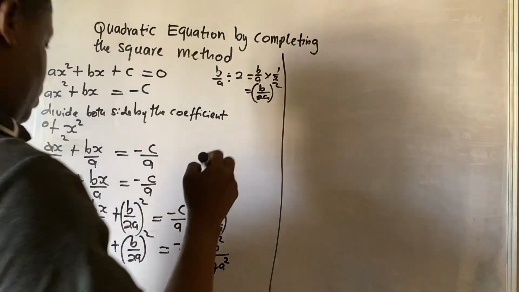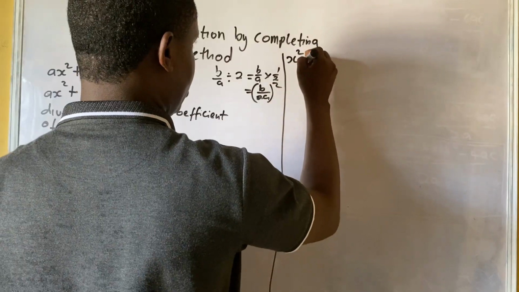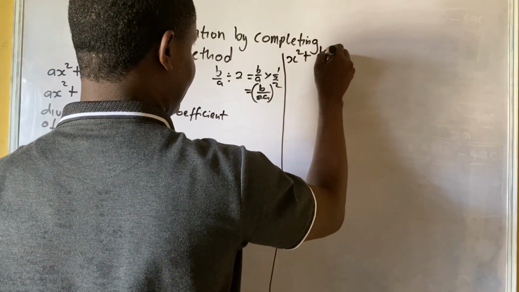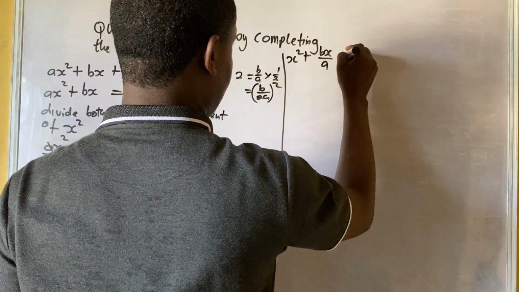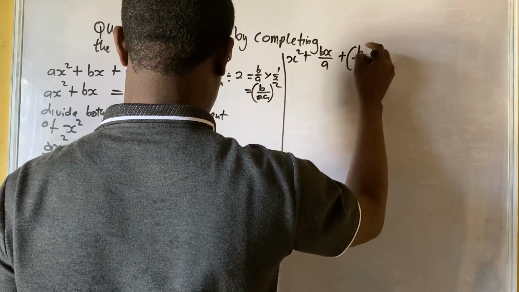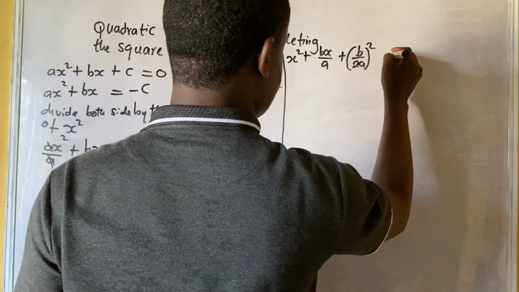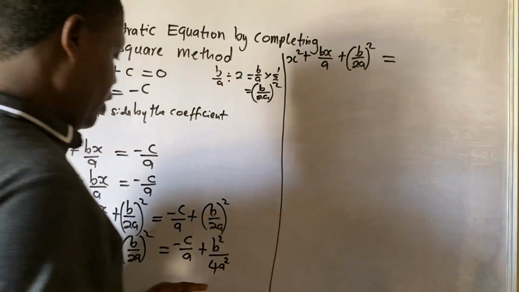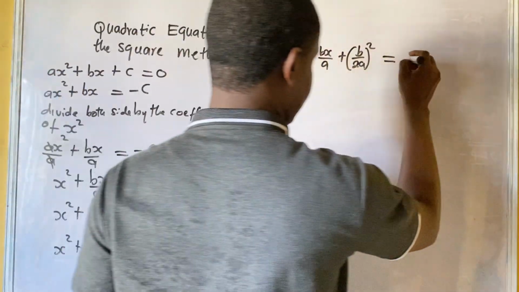So this will give us x squared plus bx over a plus b over 2a squared is equal to what? So here, the LCM of a and 4a squared is 4a squared.